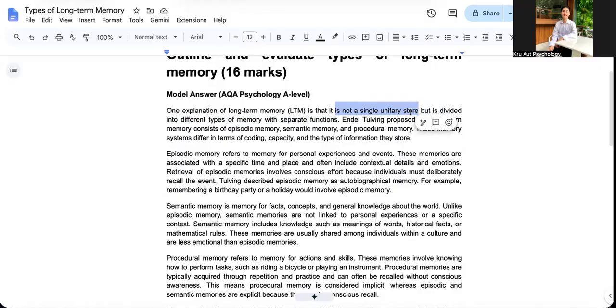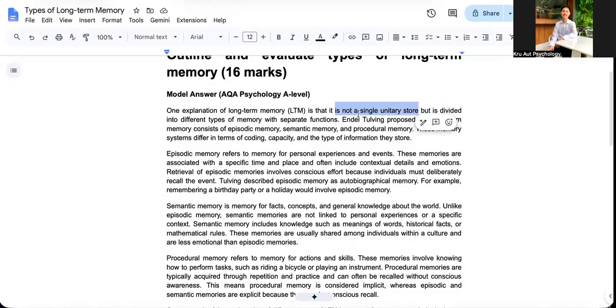Long-term memory in the multi-store model, if you haven't watched that video, go and watch that, is a single unitary store. But in types of long-term memory, we learn that there are many types. So that's why it's written here: it's not a single unitary store. But don't get me wrong.